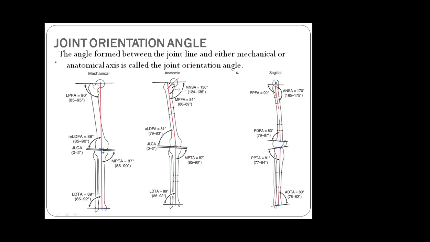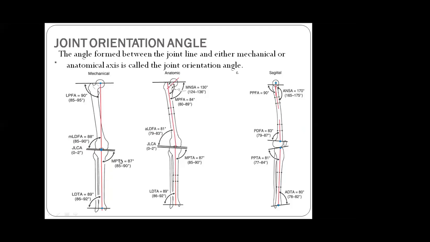Next would be medial proximal tibial angle. Now in case of tibia, the mechanical and the anatomical axis both are taken as one. So there is no nomenclature of mechanical or anatomical we have to put. So medial proximal tibial angle is 87 degrees.